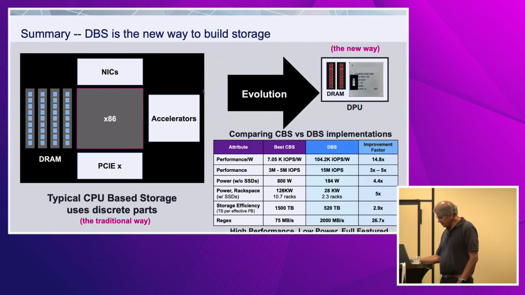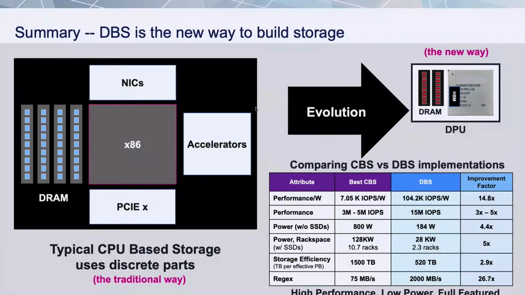So, to sum it all up, this is really my summary chart. The left is the way we've all been used to building storage. I want all of you to hopefully have opened your mind a little bit to say, look, there is potentially a new way to build storage, maybe using this kind of DPU on the right.